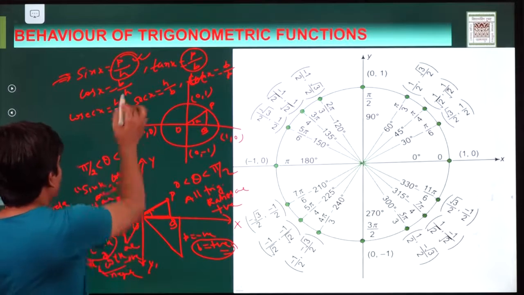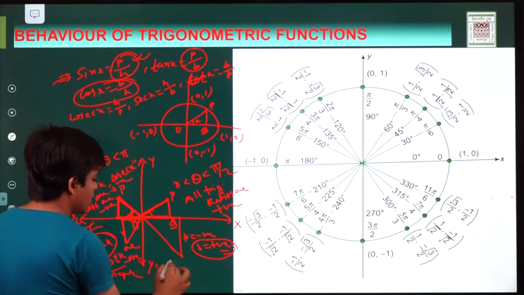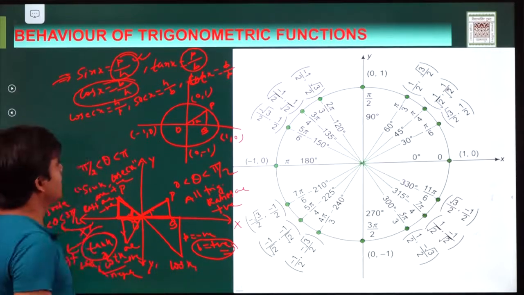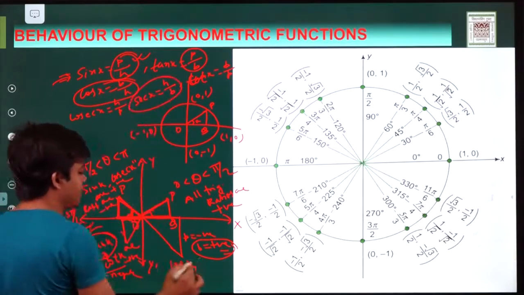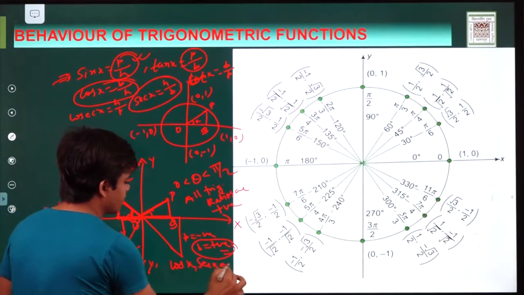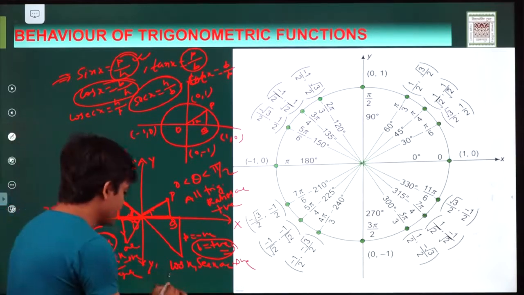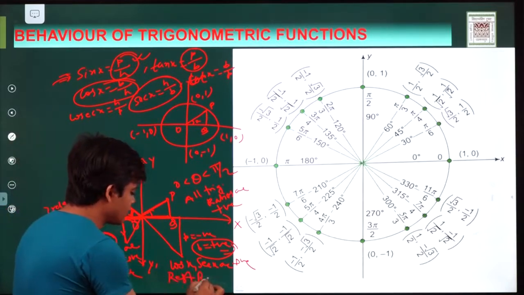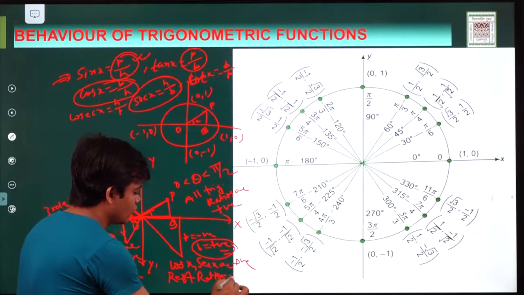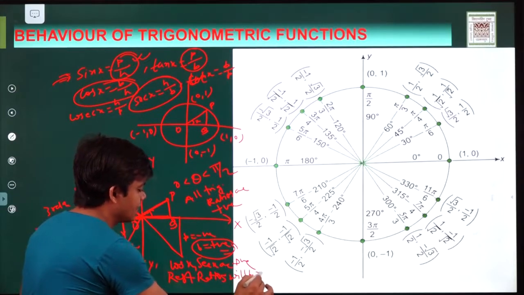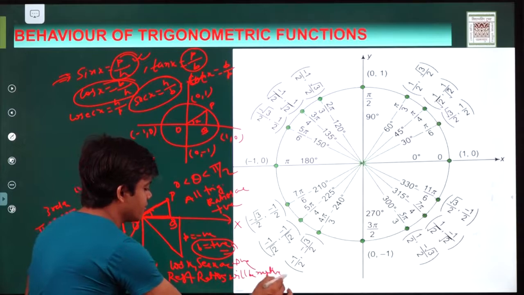So yes, cos x is equal to b by h, so cos x will be positive. And again, sec x is h by b, so sec x is positive. All the rest of the ratios will be negative, and you know the reason behind it.